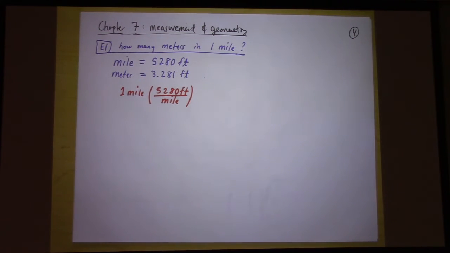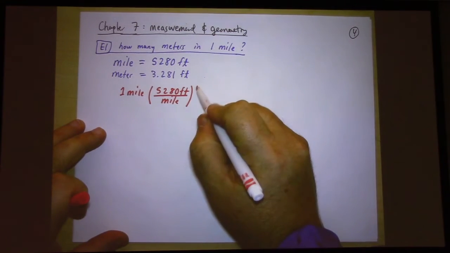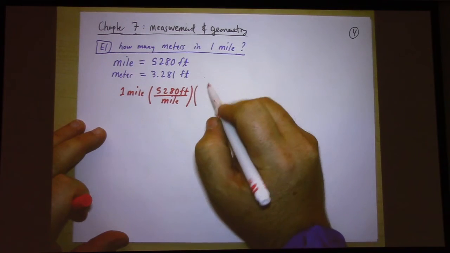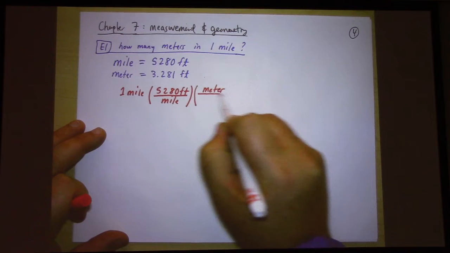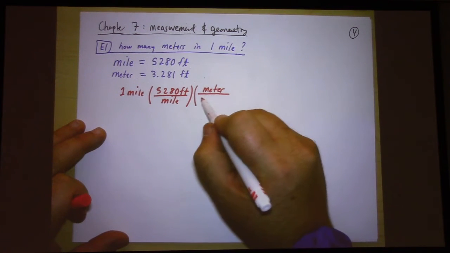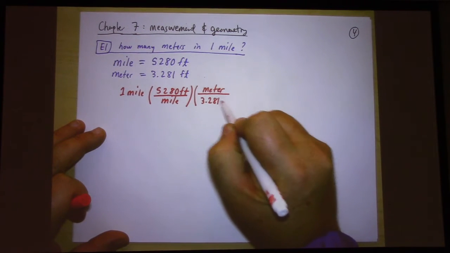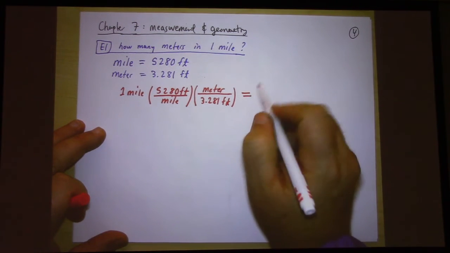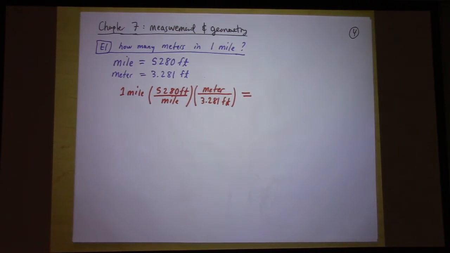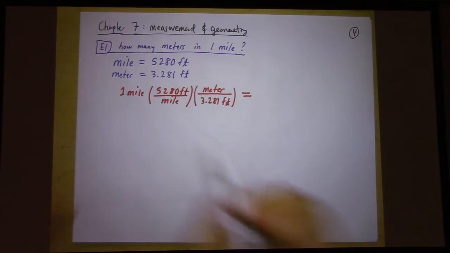And then I multiply by another conversion factor: meter, which a lot of times people just use an M for, divided by 3.281 feet. So the feet cancel, and the miles cancel.